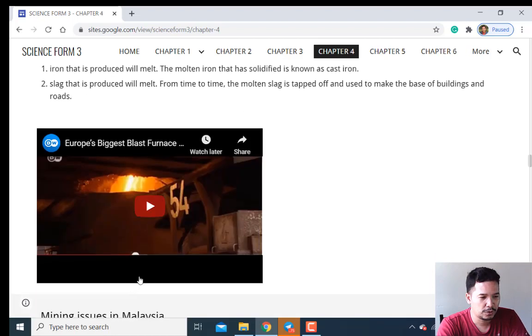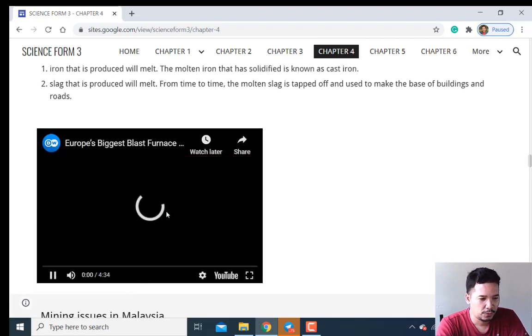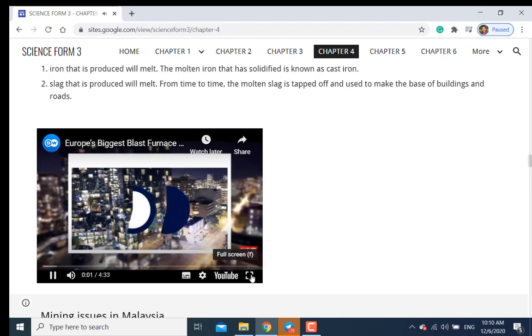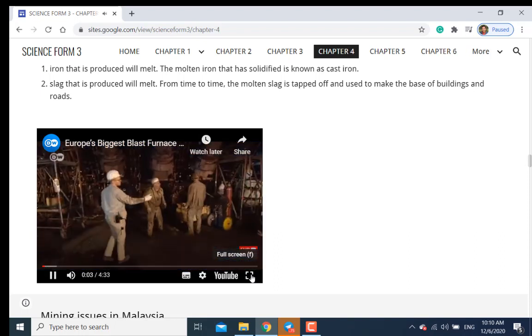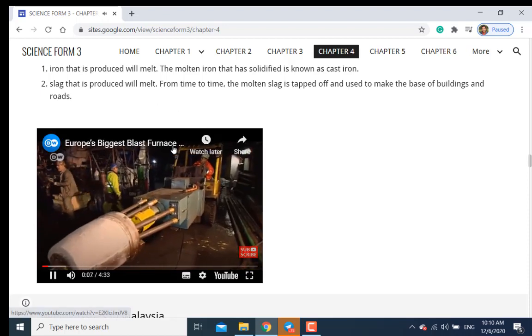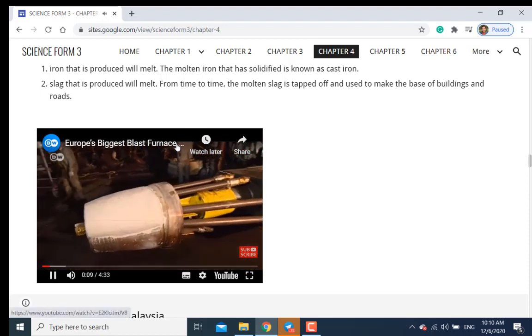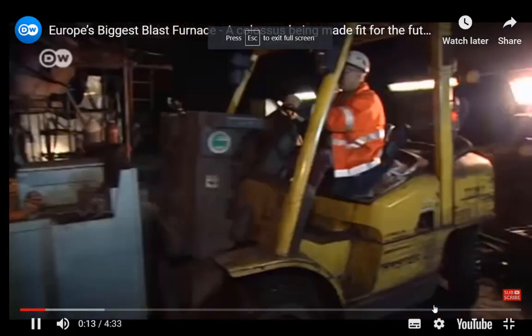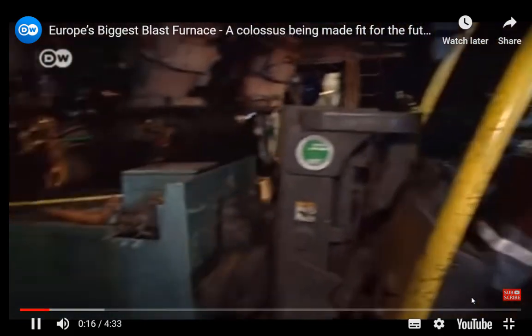Okay, so this is a YouTube show the European biggest blast furnace in This is the new hot air nozzle for stoking the fire. Europe, I think. Some 1,000 construction workers are overhauling this blast furnace during its turnaround.